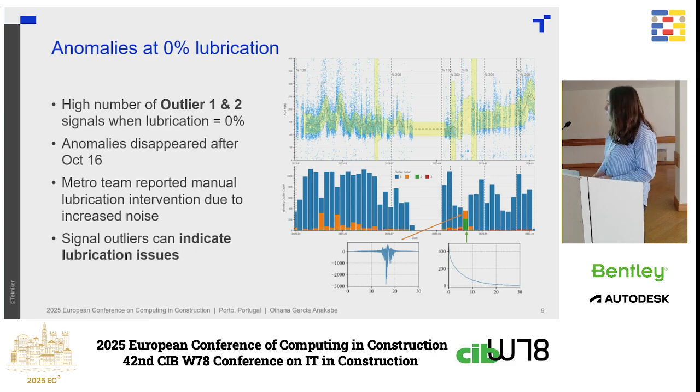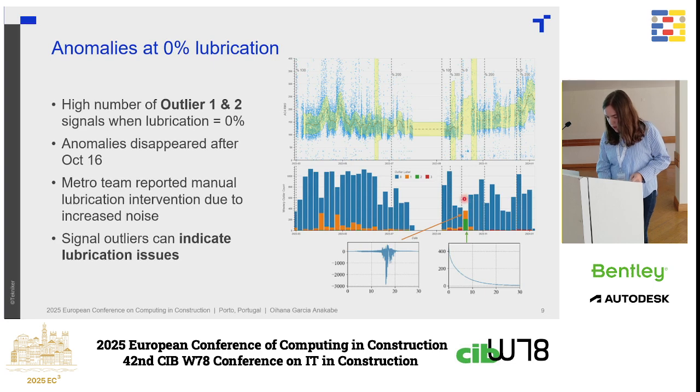But we saw that when the lubricators, the devices that were putting the oil in the rail, didn't put anything, which is this gap, these two types of signals started appearing. So these signals can indicate that there are lubrication issues in the rail.